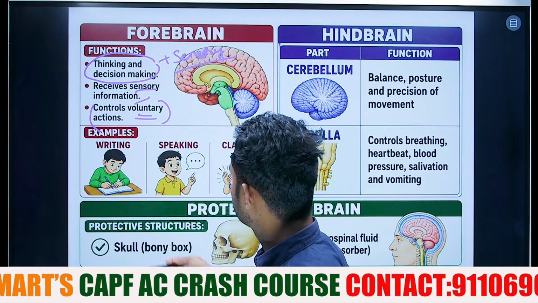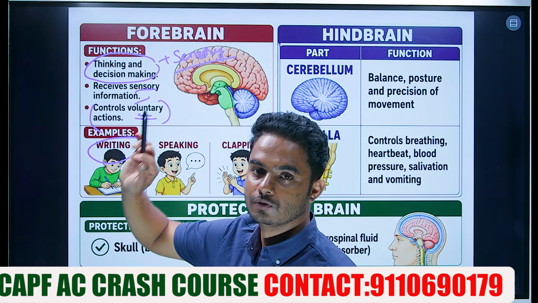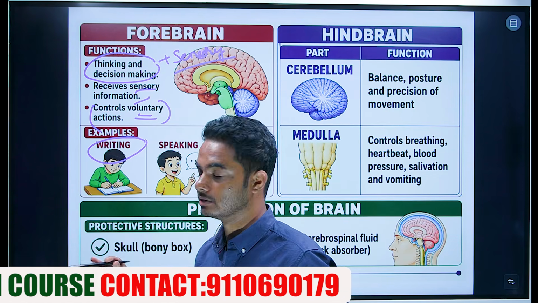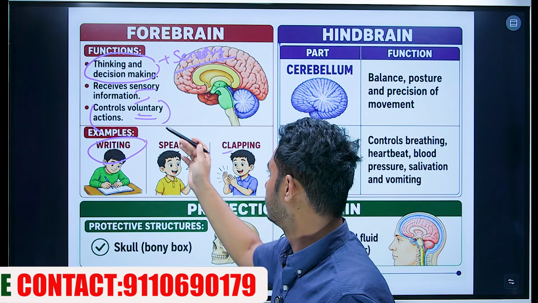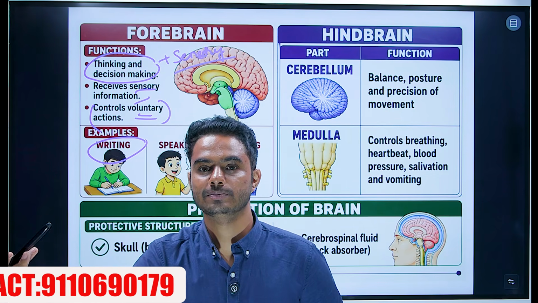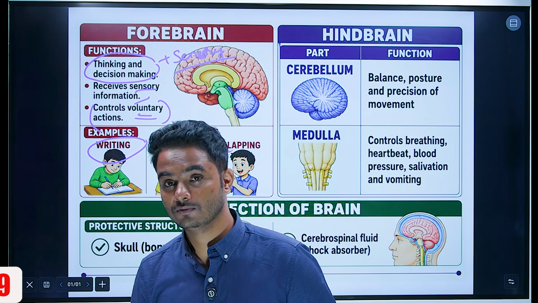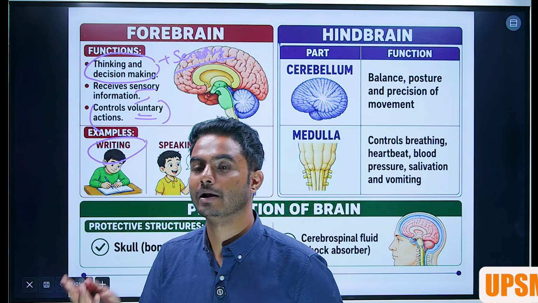Voluntary actions are, if I want to write, use this pen, or explain this, it is my forebrain telling me to do these things. Speaking, clapping, everything in our control is done by the forebrain. What is not in our control is done by the midbrain and the hindbrain.